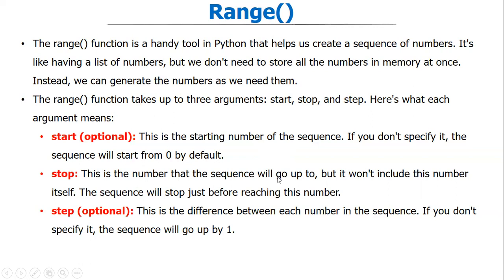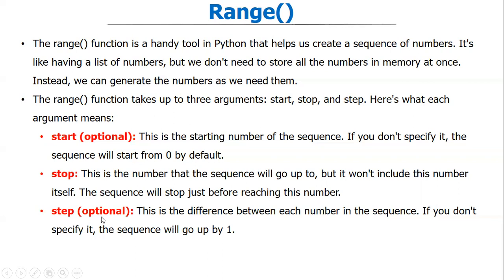So if the stop is 10, the numbers keep iterating, but when it gets to 10, it is going to produce 9, because 10 won't be included. The sequence will stop just before reaching this number.